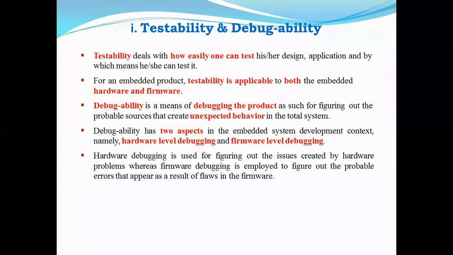Firmware is nothing but the program you have written for the embedded system. You have to think of this design concept before launching your product into the market.